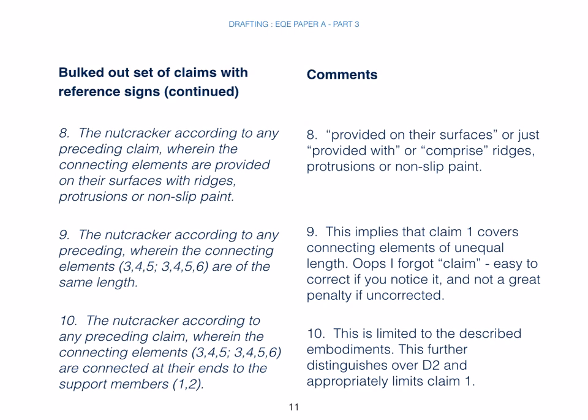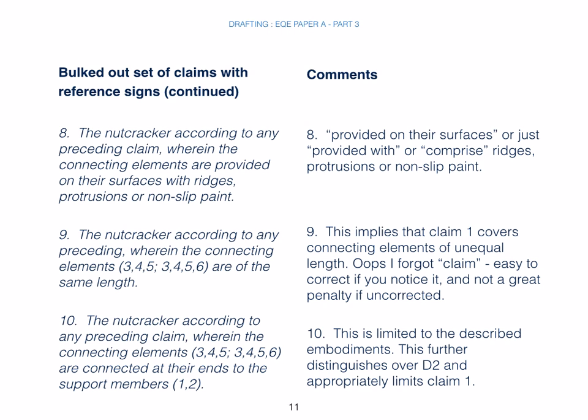Claim 10 is the Nutcracker according to any preceding claim, wherein the connecting elements 3, 4, 5, 6 are connected at their ends to the support members. This claim is limited to the described embodiments, and it excludes the variations described by the examiner.